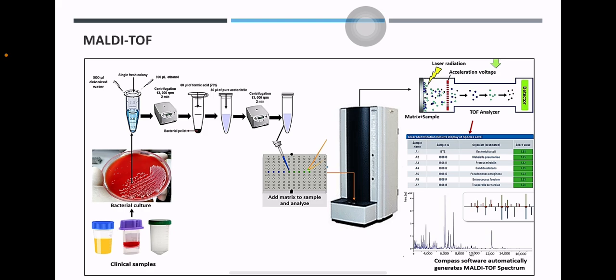Again, a laser blasts the sample, the proteins fly into the detector, and the time they take to fly tells you their mass. These protein patterns identify the organism. This picture also shows you how you are going to process the sample using your MALDI-TOF.